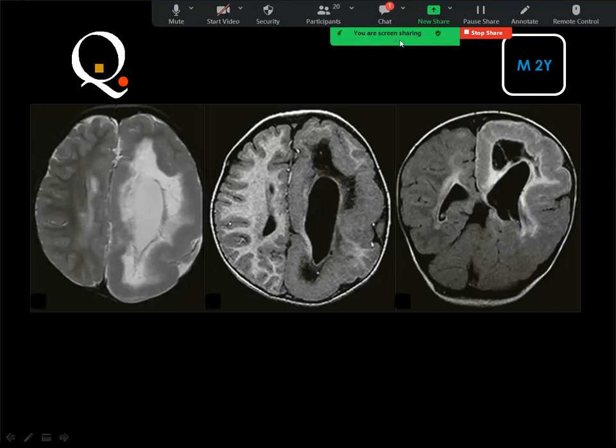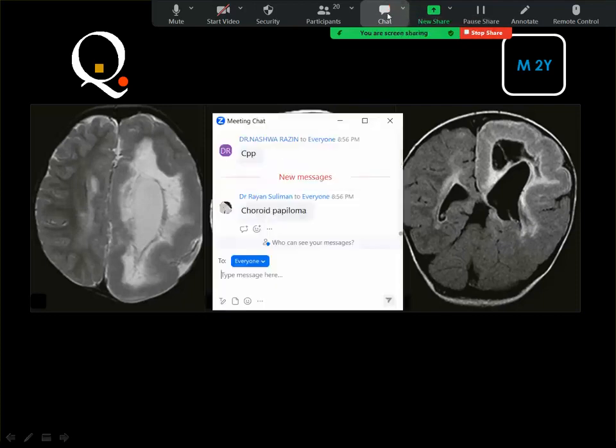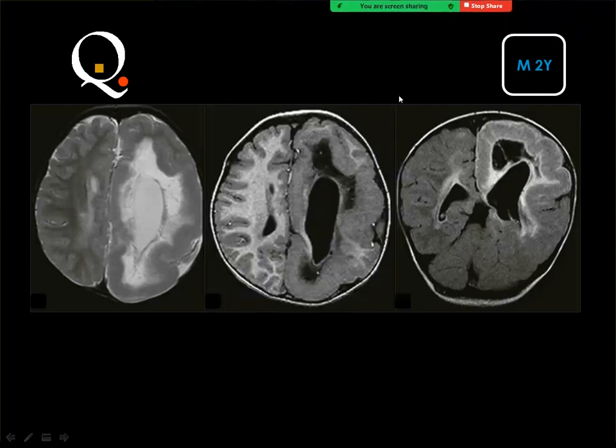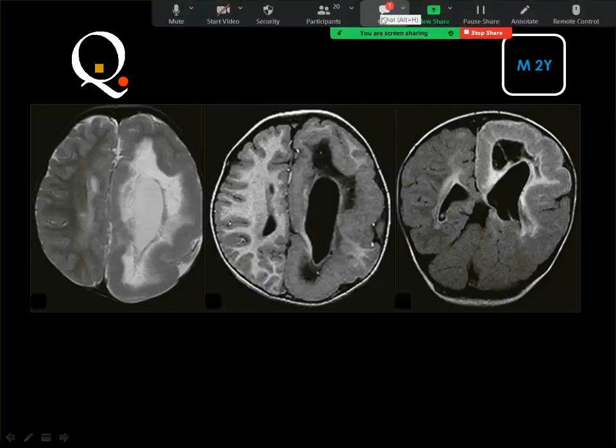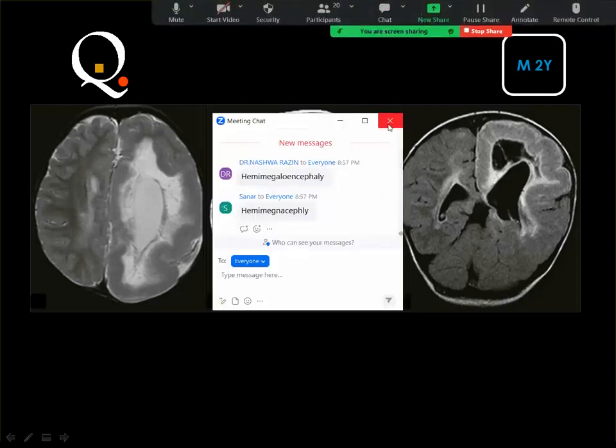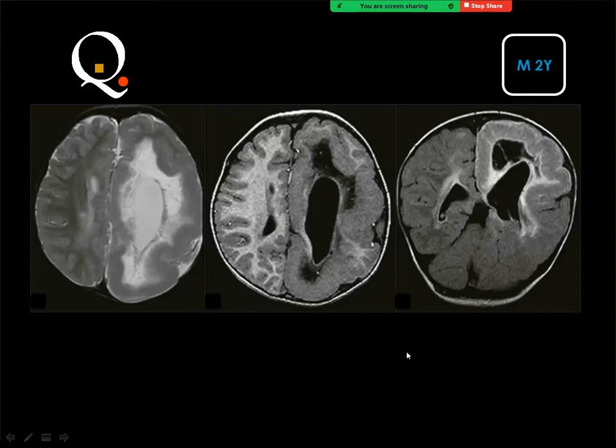Next case. Yes, the answer is right. This is hemimegalencephaly on the left side.